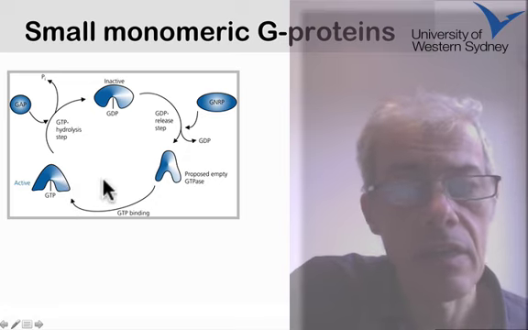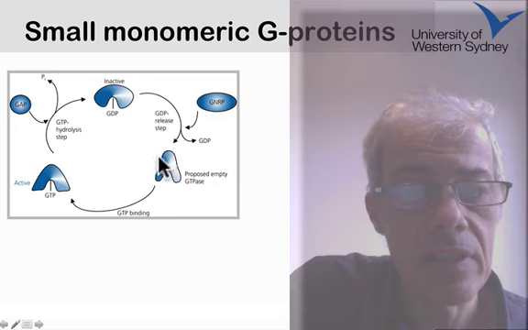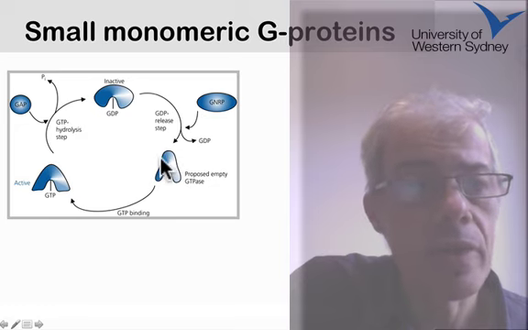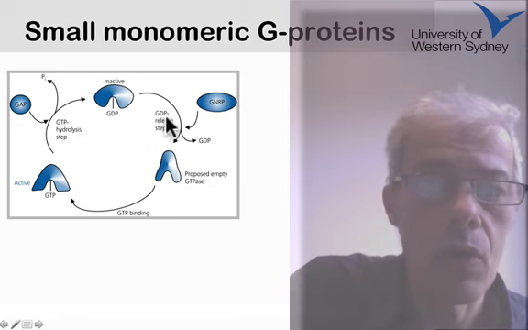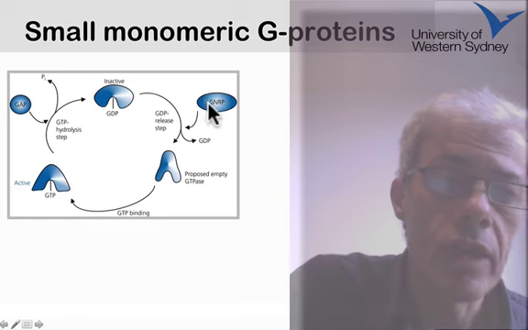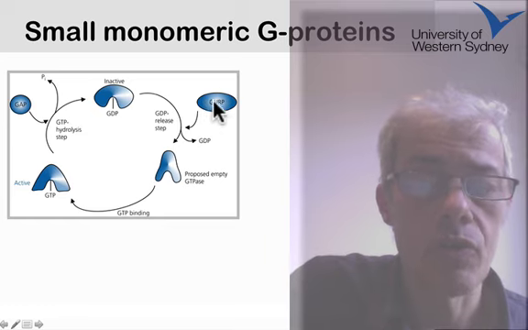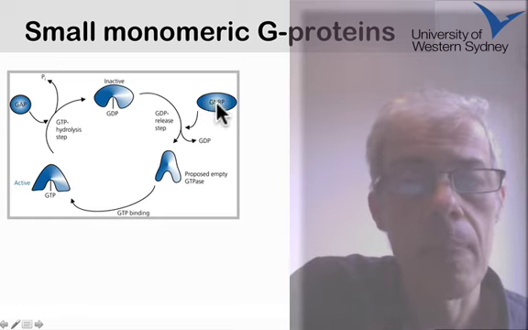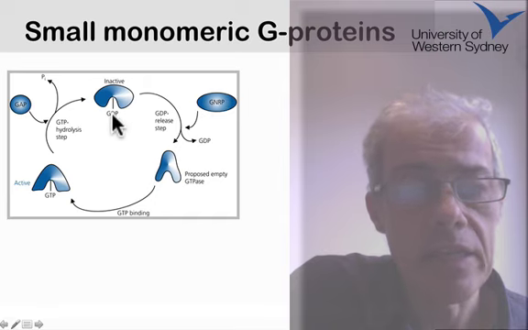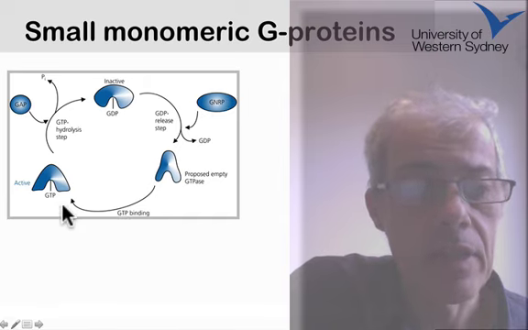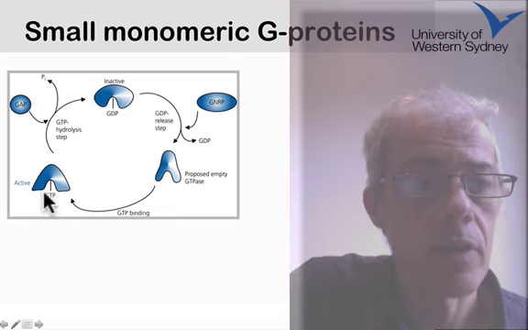In this cycle here is shown an empty state, and also in this cycle is shown a guanine nucleotide releasing protein, or a guanine exchange factor, which is involved in displacing the GDP so that GTP can then enter the pocket.